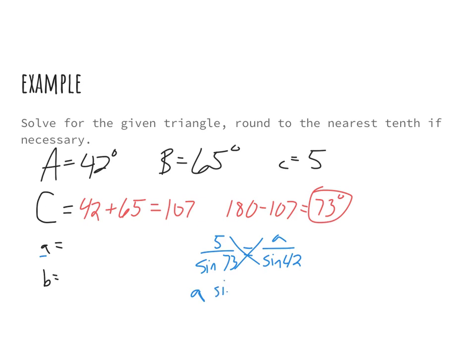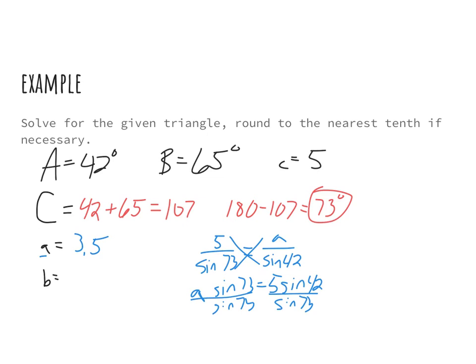A times the sine of 73 is equal to 5 times the sine of 42. Divide both sides by the sine of 73. Again, close the parentheses: 5 sine of 42, close the parentheses, divided by the sine of 73. We hit enter and get that A is about 3.5.